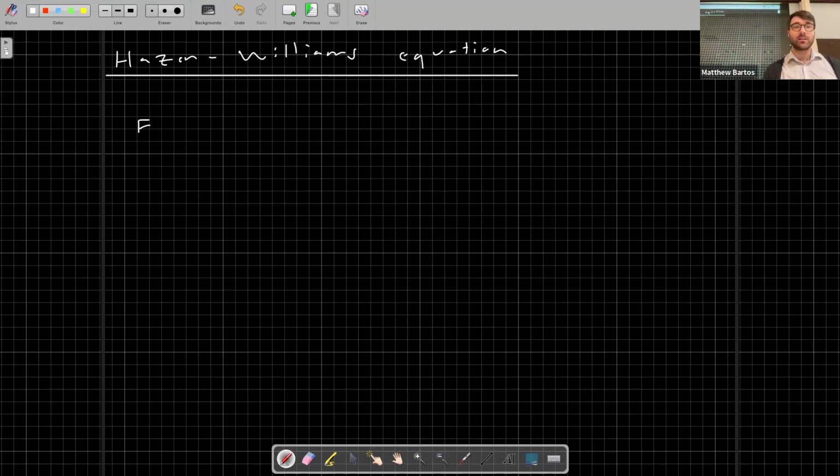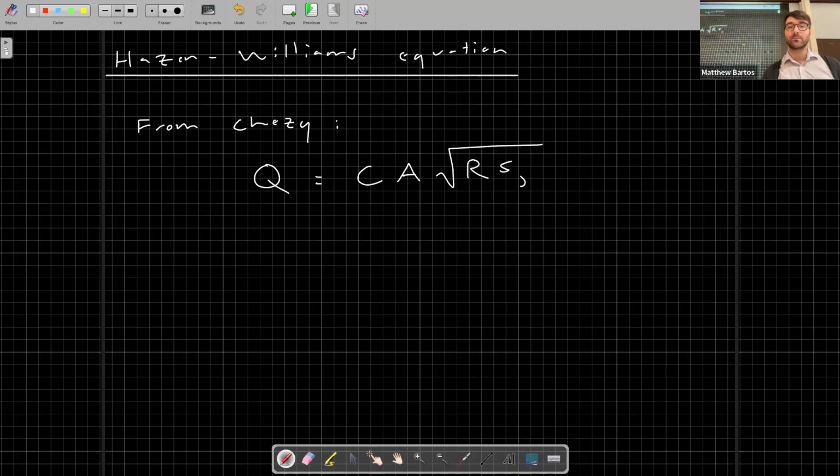So from the Chezy equation, which I wrote out before, we have that the discharge is equal to some coefficient C times the cross-sectional area times the square root of the hydraulic radius times the friction slope. The Hazen-Williams equation gives another form for this C coefficient that is also empirical.